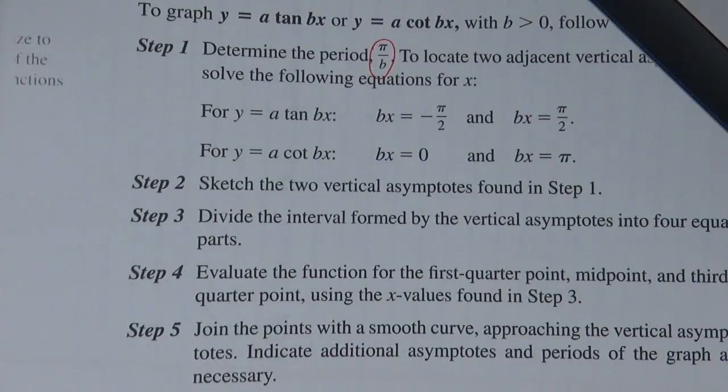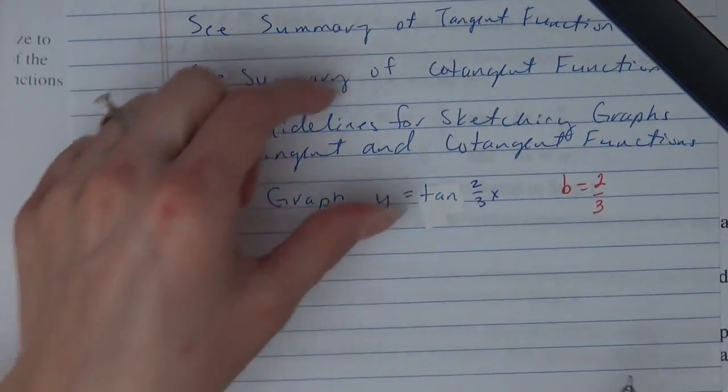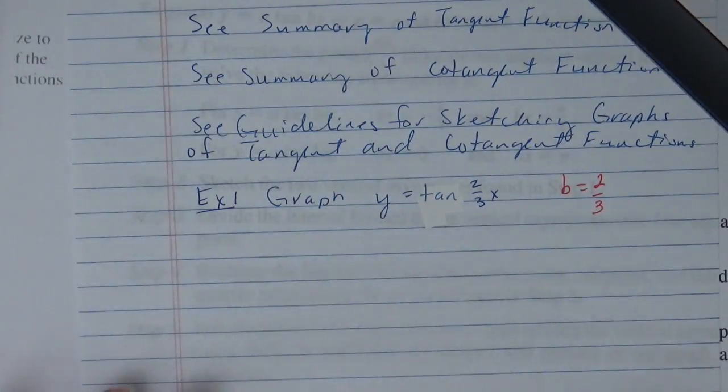Okay, so let's look at example 1. I think we can handle this now. For example 1, we need to start by finding our asymptotes.